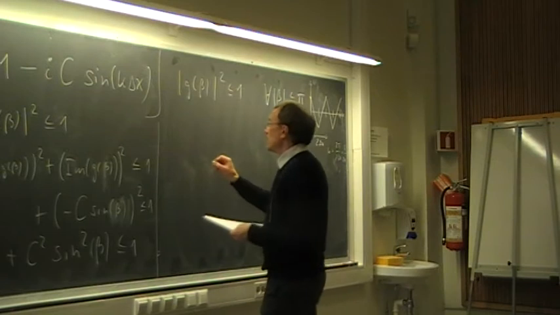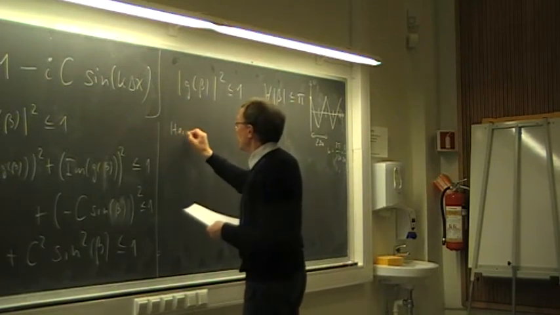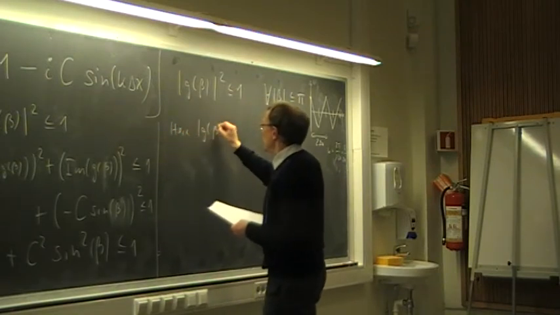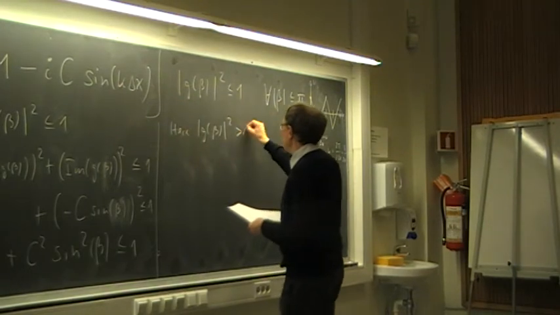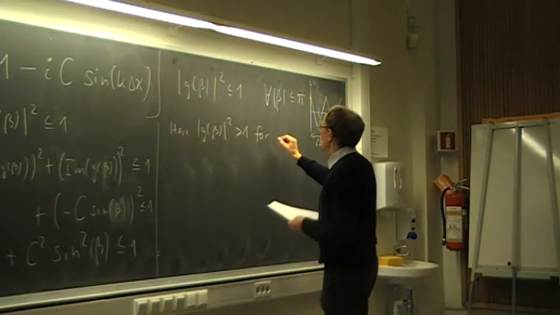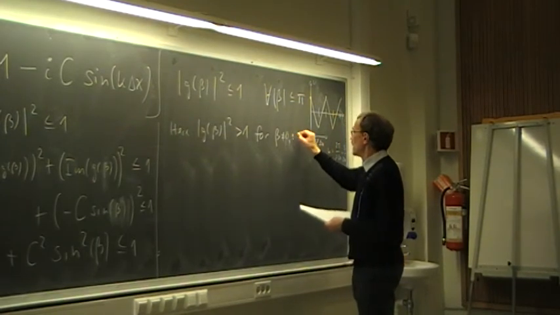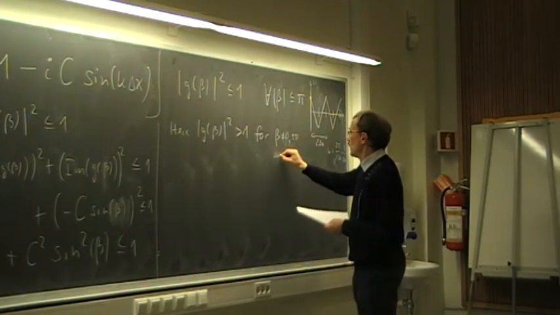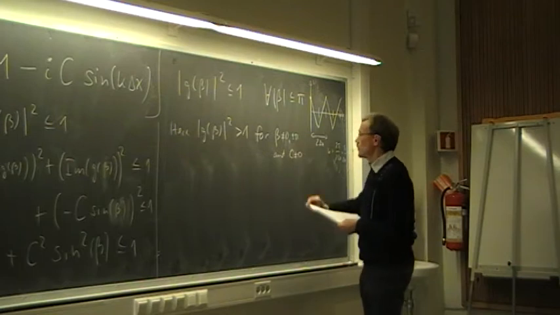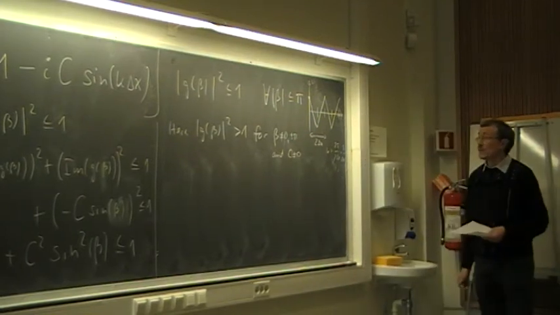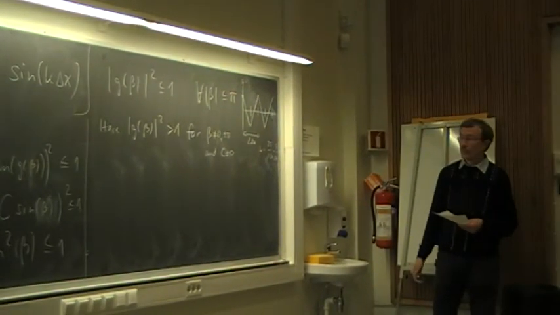So that means that in our case here, the g of beta squared is greater than 1 for beta not equal 0 plus minus pi, and c not equal to 0. So this condition is not satisfied.